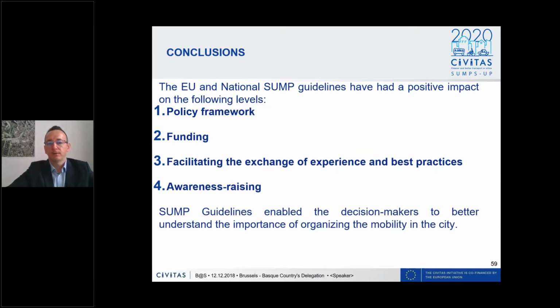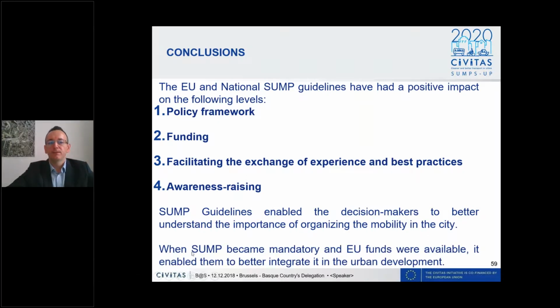Of course, these guidelines enable the decision makers to better understand the importance of organizing the mobility in the city. But when SUMP became mandatory and EU funds were available, it enabled them to better integrate it in the urban development.